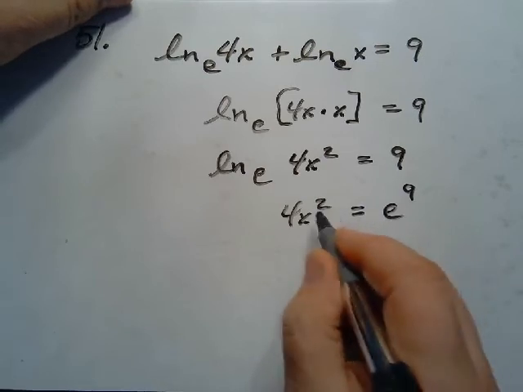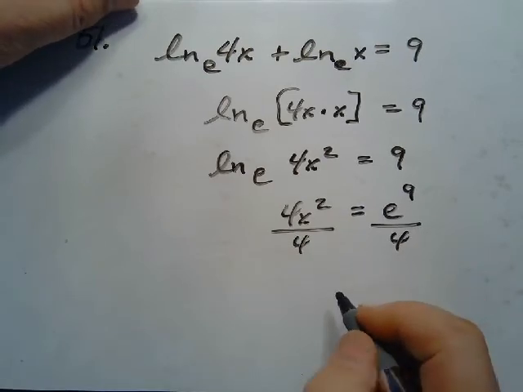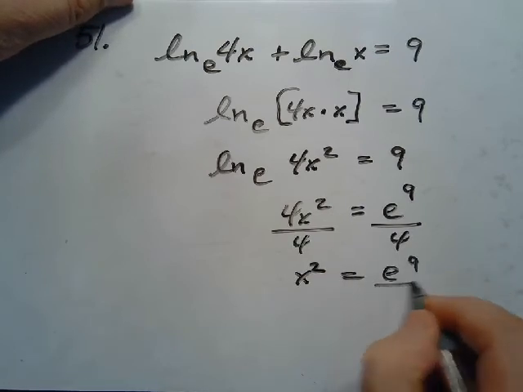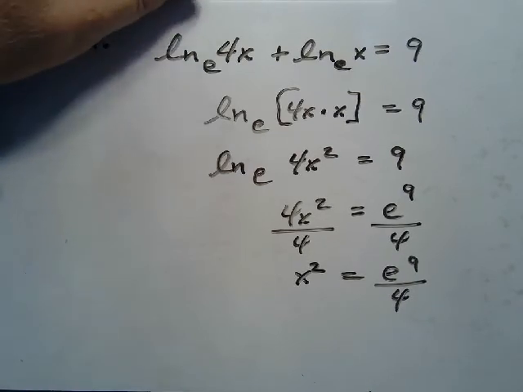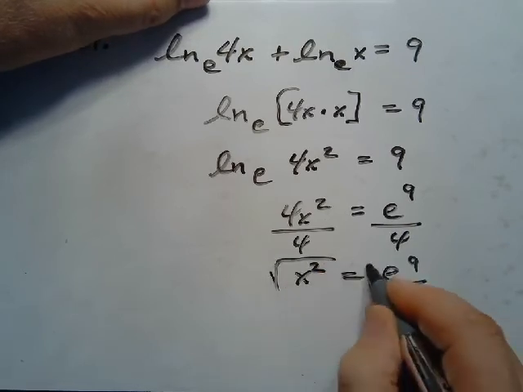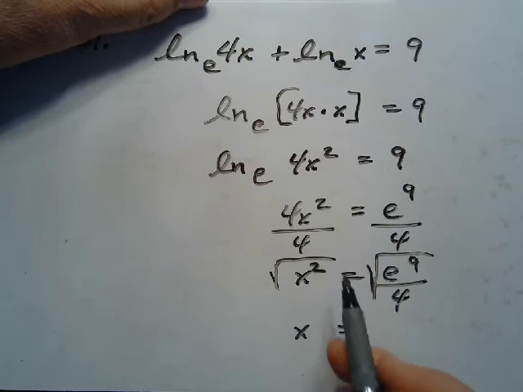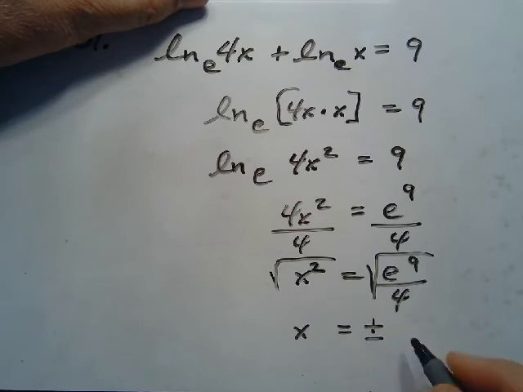I want to get x alone, so we're going to divide both sides by 4. I get x squared equals e to the 9 divided by 4. And now to finally get this problem solved, I would take the square root of both sides. And don't forget, when you take the square root of both sides, square and square root undo each other. And over here I'm going to get plus or minus the square root of e to the 9th all over 4.